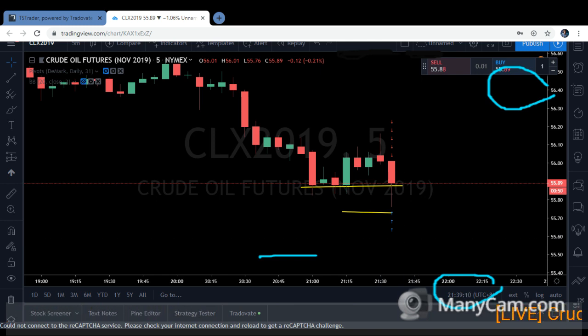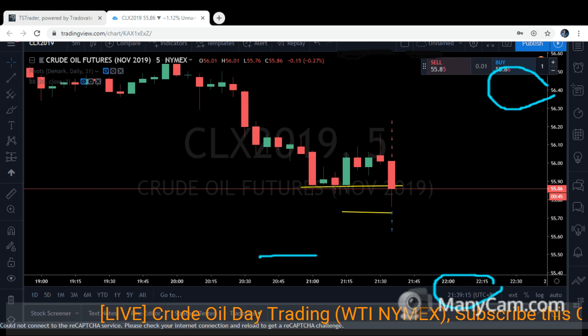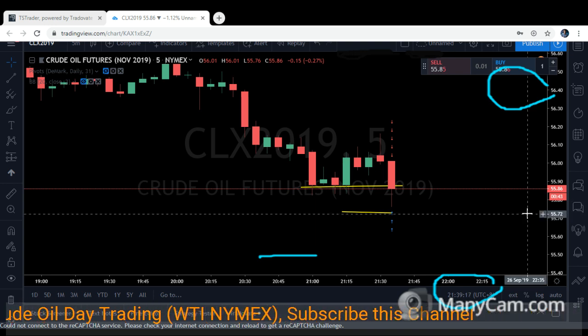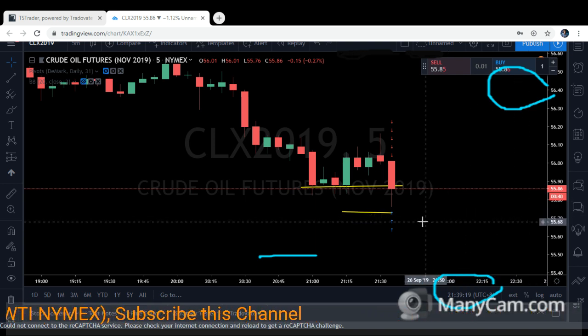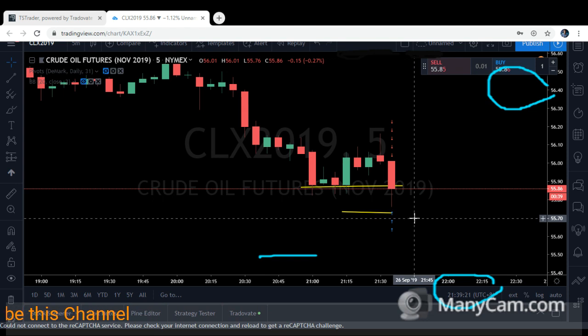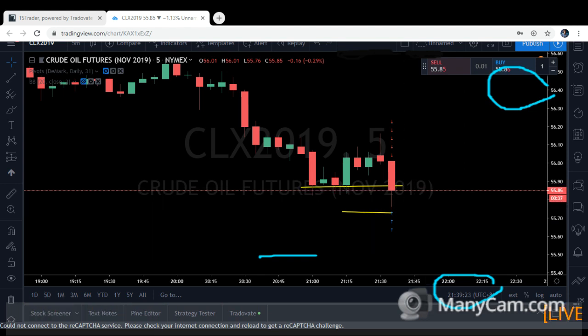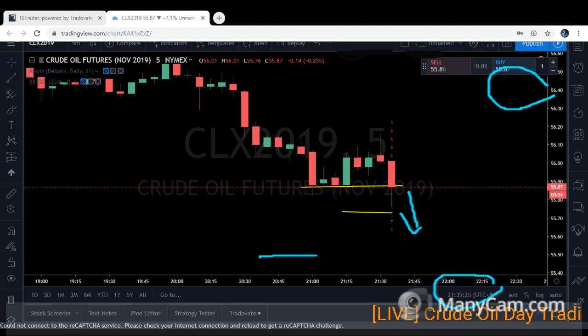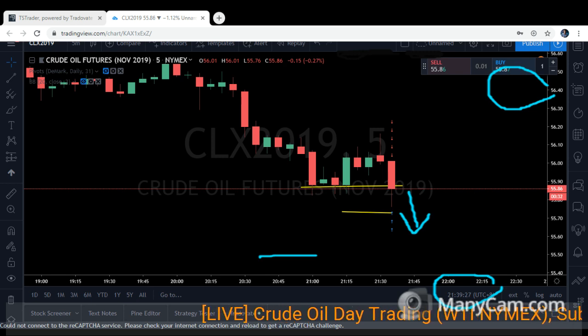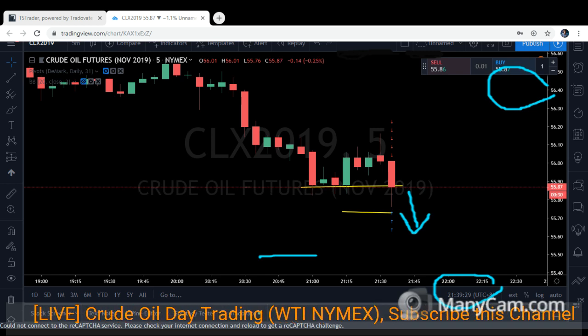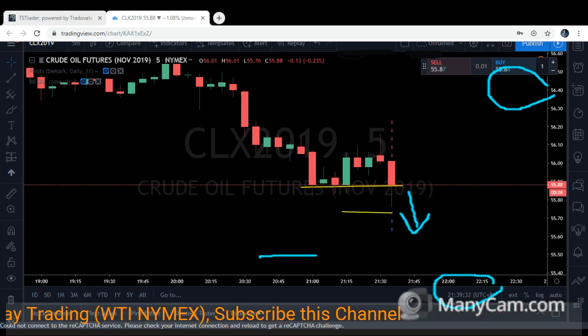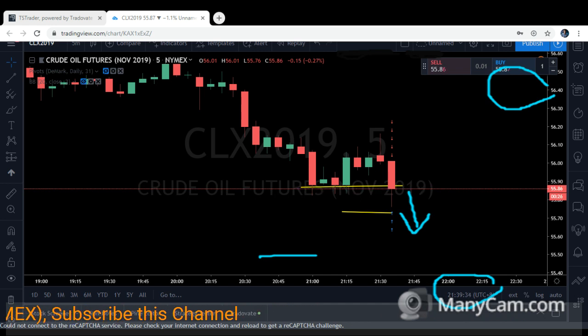Okay, it looks like it tried to go one more time to the downside, so let's wait. This could be one of the best setups. It will catch the burst of the market in a split second.